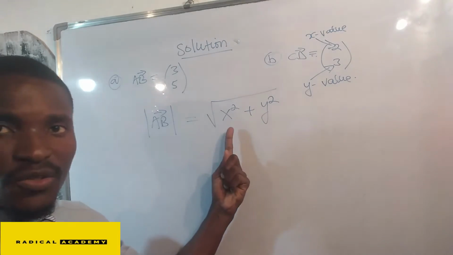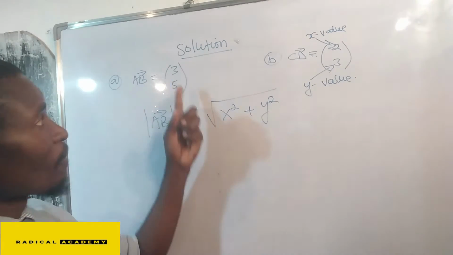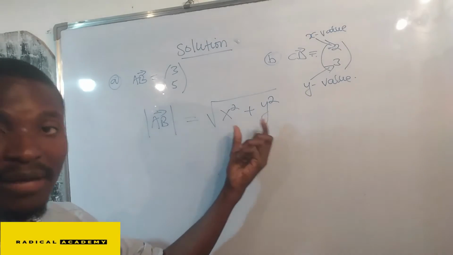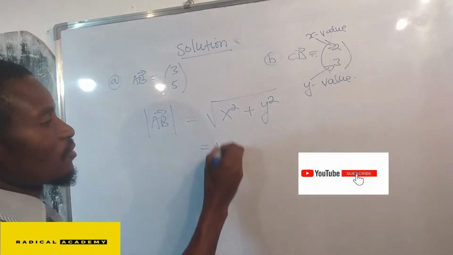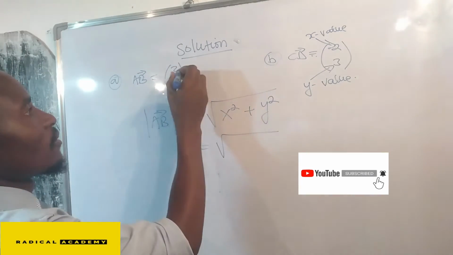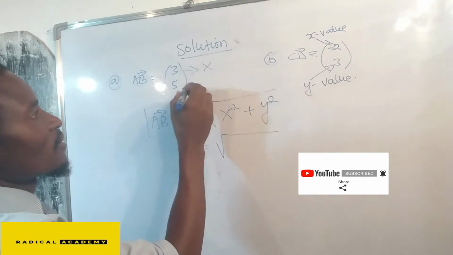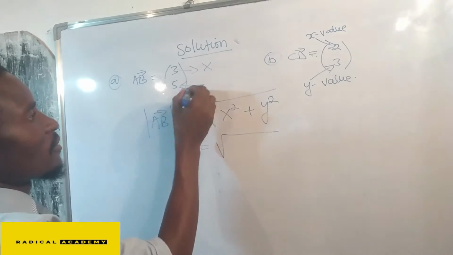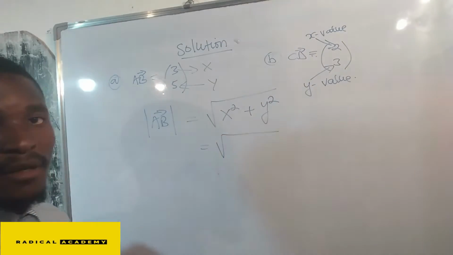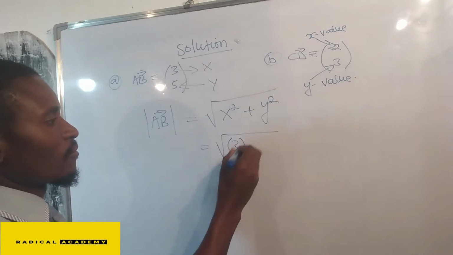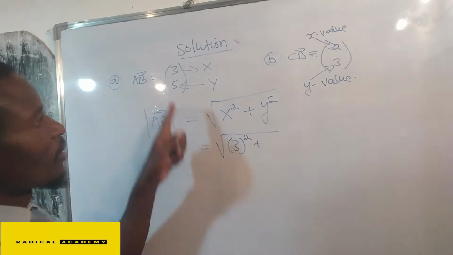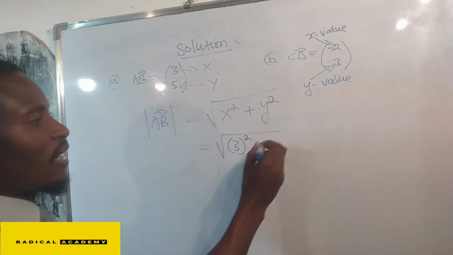Meaning you square the x value, and then plus you also square the y value. So this is x, and this is y. Our x is 3, and our y is 5.